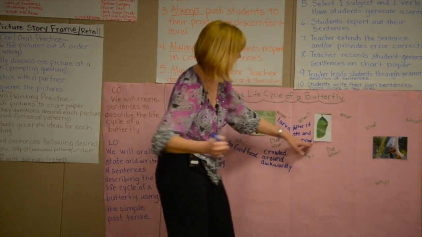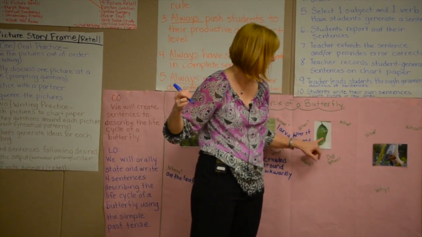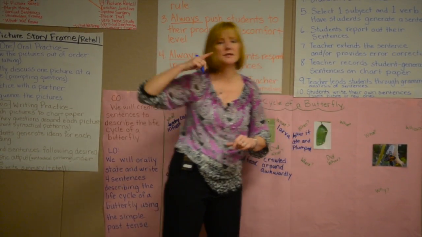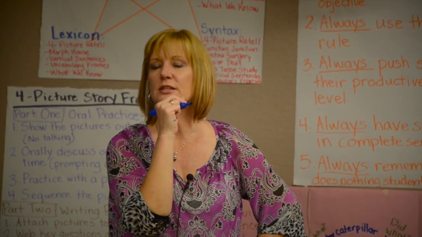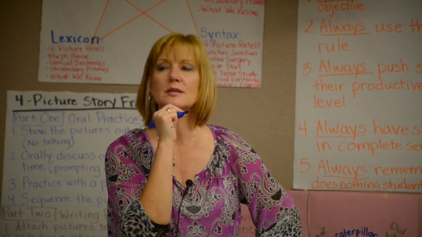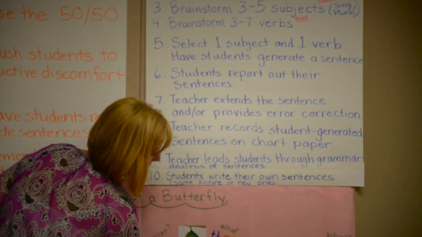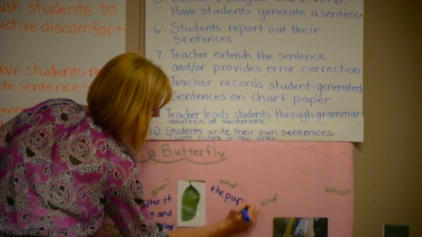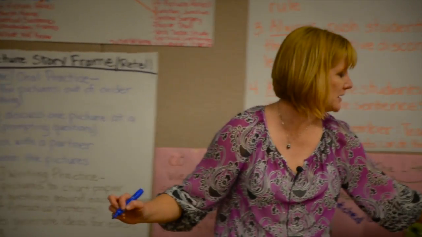All right. What would the what sentence be? Marlena? So what are we talking about inside this chrysalis? What do you call the stage after the larva stage when it's in its chrysalis? And this is where the science teachers come in. Pupa. So we'll say the pupa. What did it do to be in this state?